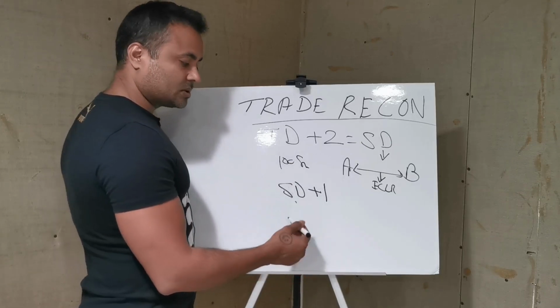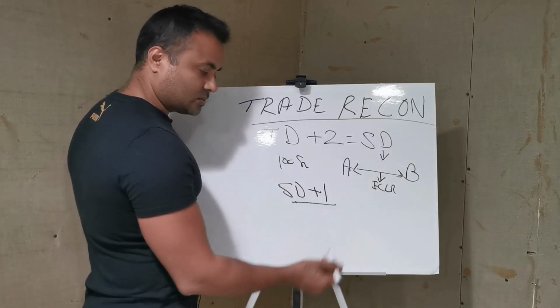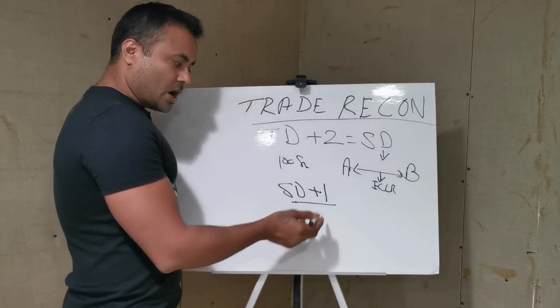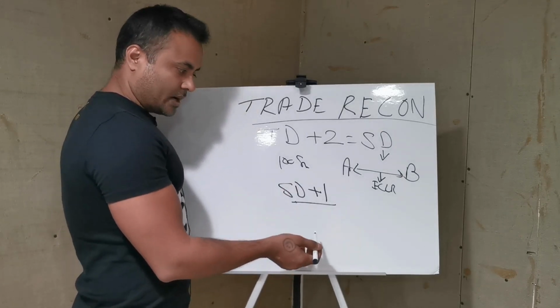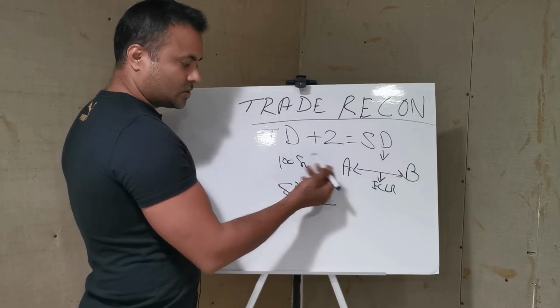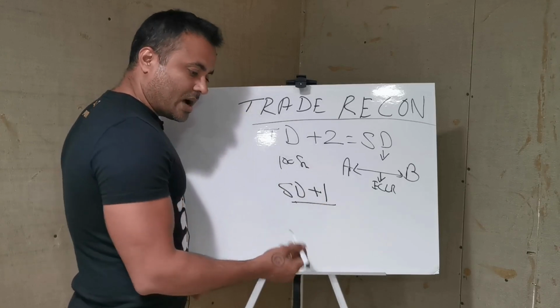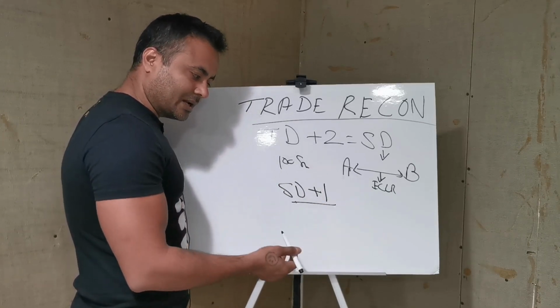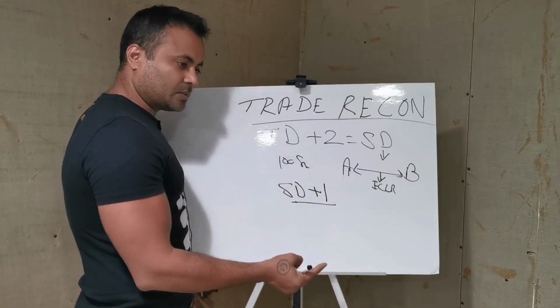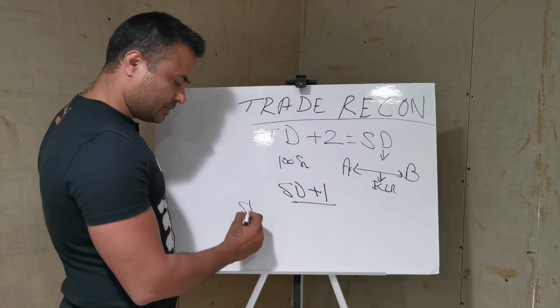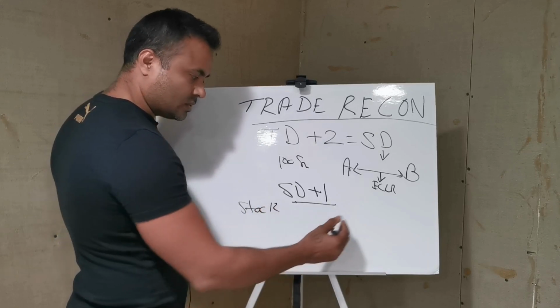So reconciliation work starts on SD plus 1, the next day after settlement. On SD plus 1, for example, I sold 100 shares. So how do I know how I should reconcile? There are always two teams involved in reconciliation. One, as I told you, is for stock, one is for cash.